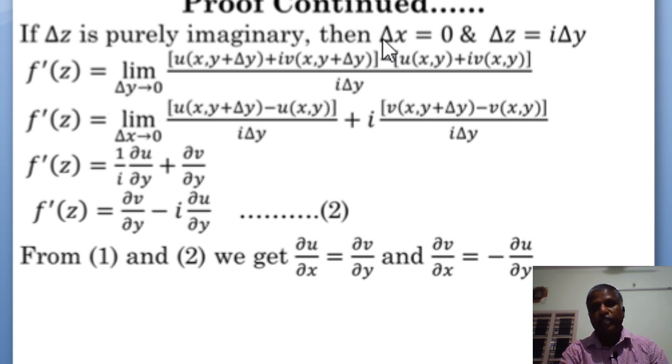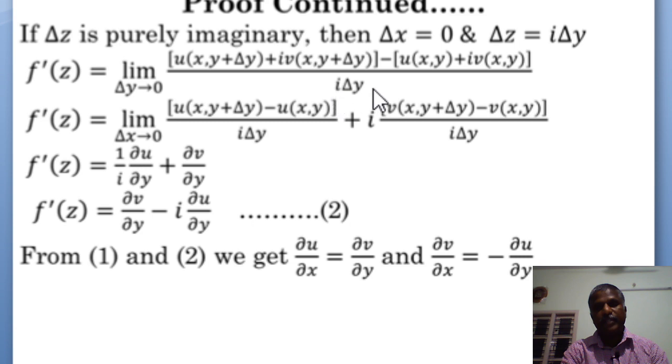So we put Δz equal to iΔy. Δz tends to 0 implies Δy tends to 0. Here x is constant, that is Δx is 0. So we have only [u(x, y+Δy) + i·v(x, y+Δy)] minus the same terms as they are, divided by iΔy.